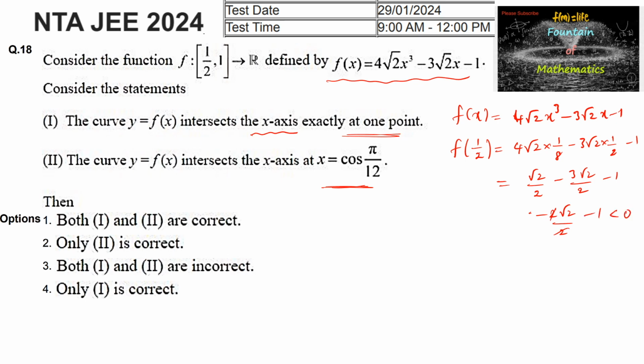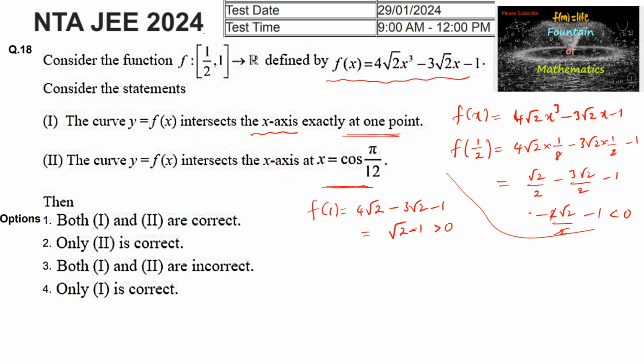So f(1/2) is negative, and at the other point, f(1) = 4√2 × 1³ − 3√2 × 1 − 1, that is √2 − 1. √2 is greater than 1, so this is positive.